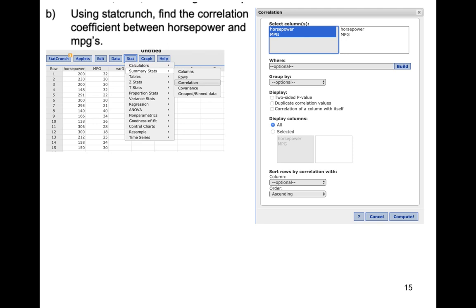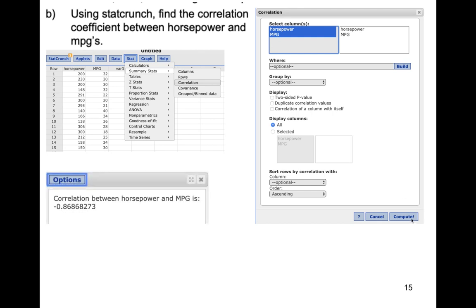And this comes up, and you want to make sure that you select both columns. You don't select just one column. So you may need to hold down the control button on your keyboard and make sure both columns are highlighted.